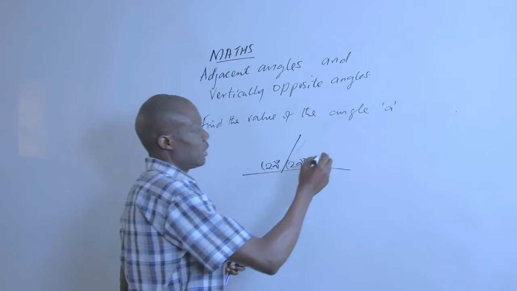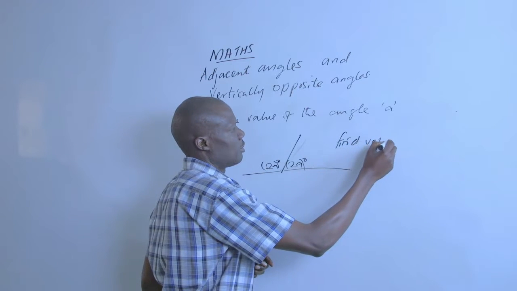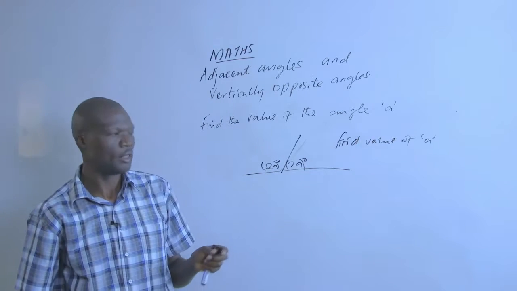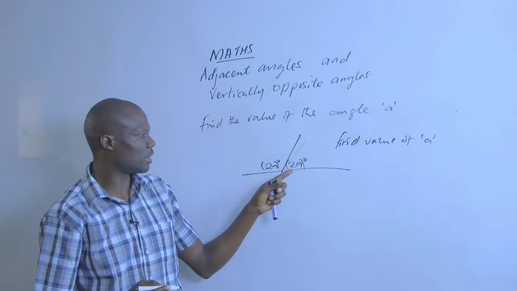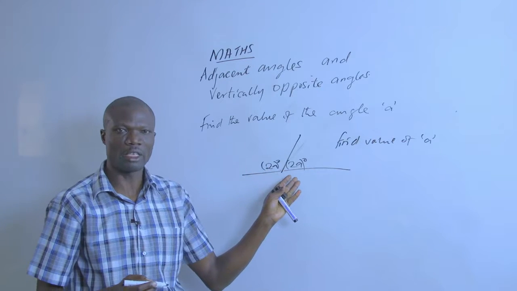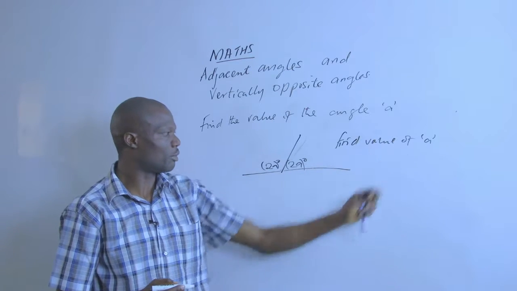The question says find the value of A. We have two adjacent angles, both of them reading 2A and 2A. So we need to find the value of A.